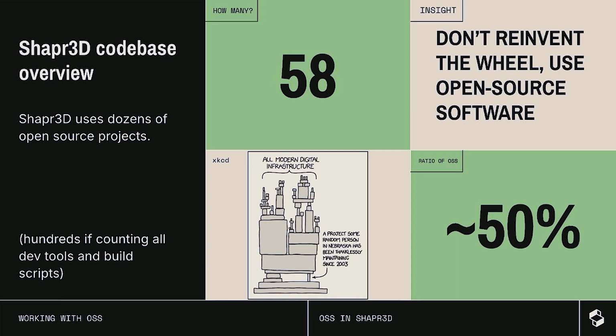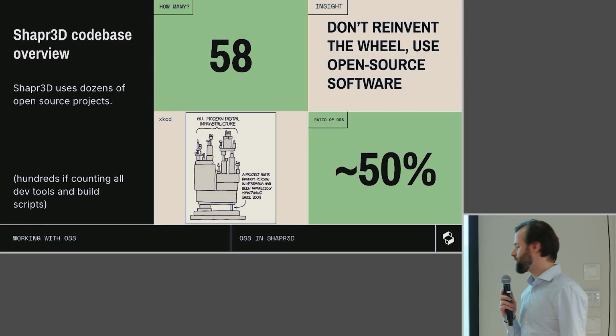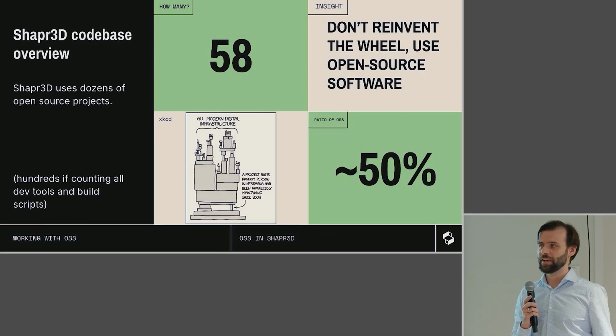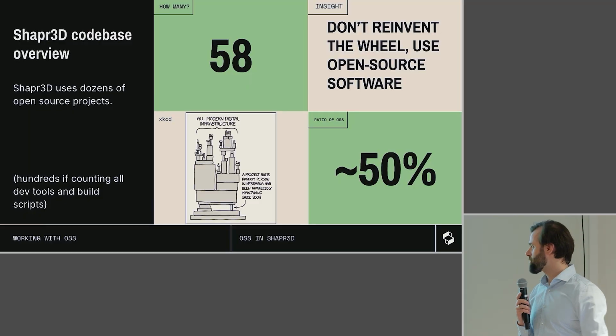I counted 58 open source direct dependencies of Shaper 3D, and these are just the direct dependencies. Of course, if I would count the transitive closure of all the dependencies, this would be a much higher number. And I found that around 50% of our code is not our code because it's open source.